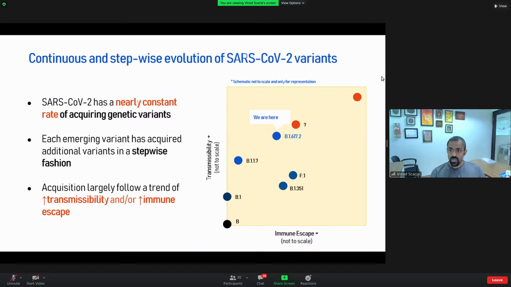Or in other words, by this stepwise process, we have reached a point where we have Delta, which is today the most predominant lineage across India and in many regions of Southeast Asia, and of course in many regions of the world, including the UK and very recently the United States. Now, the real big question is how and where will the virus move next? Is it going to move towards being more transmissible, or towards more immune escape?